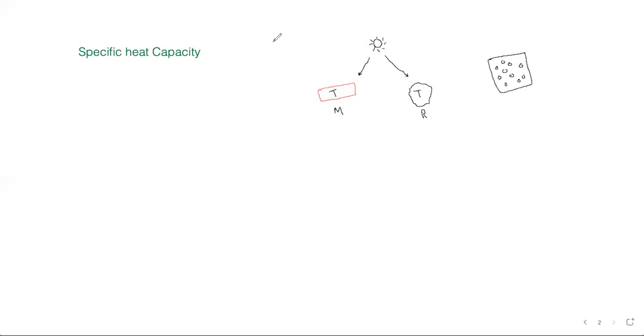So here we understand one point, that increasing the temperature depends on the material property. Material property means what kind of material you are using.